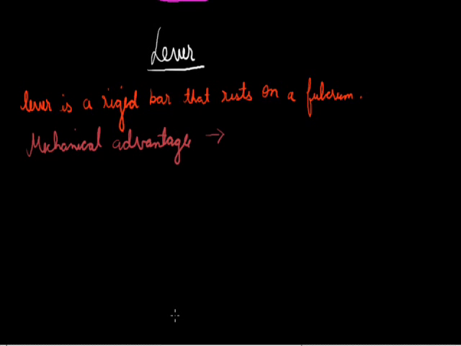The figure below will depict the load, effort and fulcrum in the lever. This is A, B point, and the fixed point is F, which is the fulcrum.